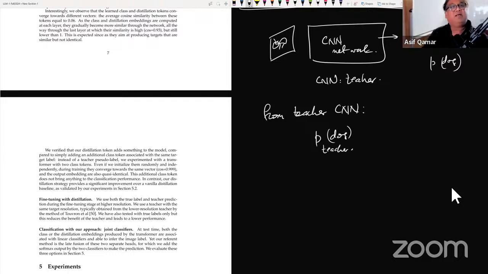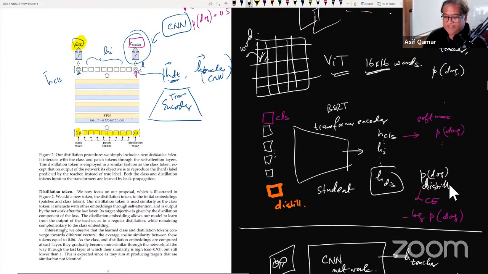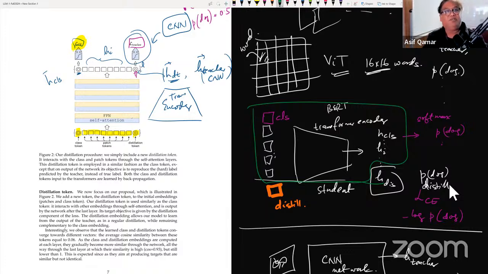Now you are in the process of training your transformer. So think your ViT, vision transformer. What did you do with the vision transformer? Except for this distill token, look at the rest of it. This is your standard vision transformer, your standard transformer encoder.